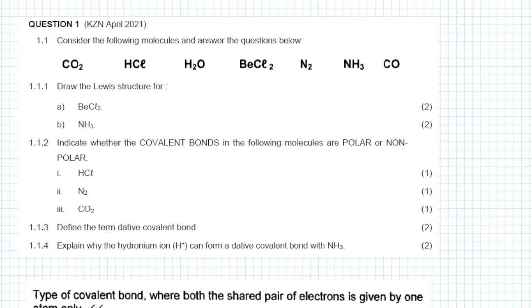Question number 1.1 says, consider the following molecules and answer the questions below. Draw the Lewis structure for BeCl2. Now, you may look at this molecule and say, but beryllium's a metal and chlorine's a non-metal. Should we not have ionic bonds between them?